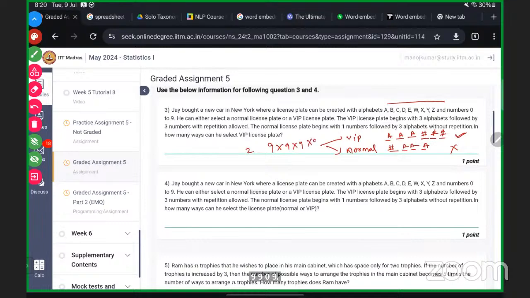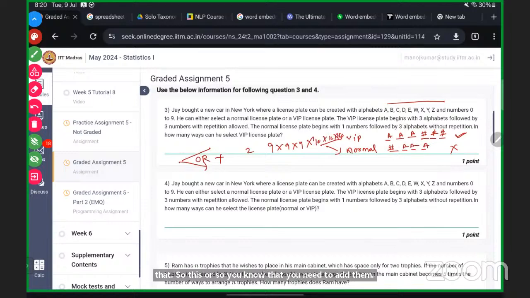In how many ways? They are saying either this or that, so you know that you need to add them. That much hint I can give you. I think you can solve it now.